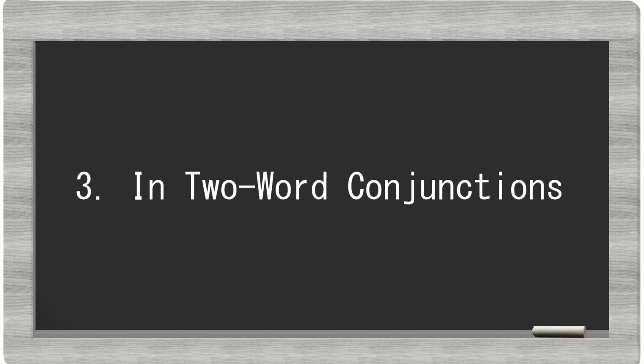Number 3, in 2-word conjunctions. As we know, conjunctions put 2 sentences or clauses together. There are times where there are 2-word conjunctions that include the word that in the conjunction. And many times that's not necessary to use.